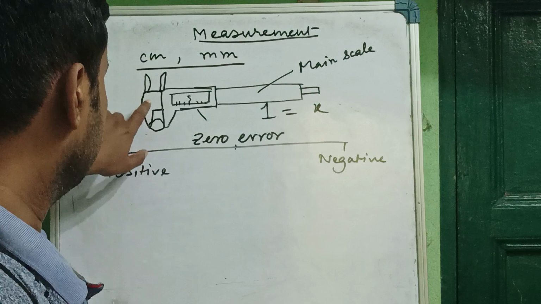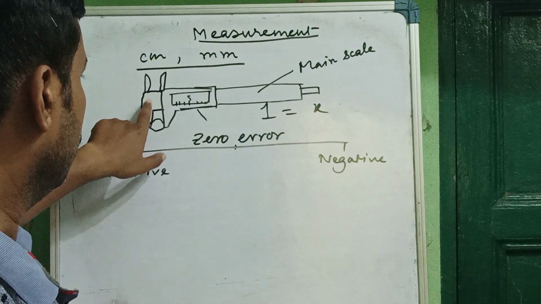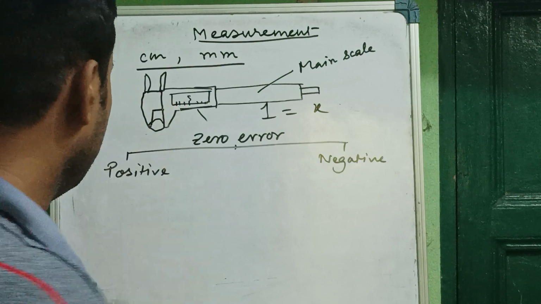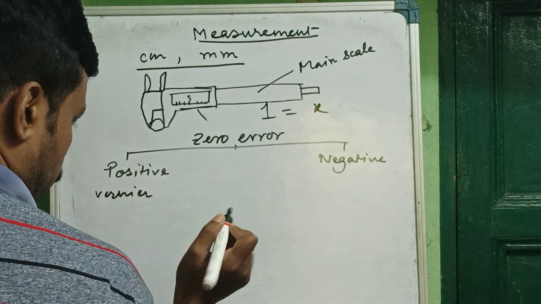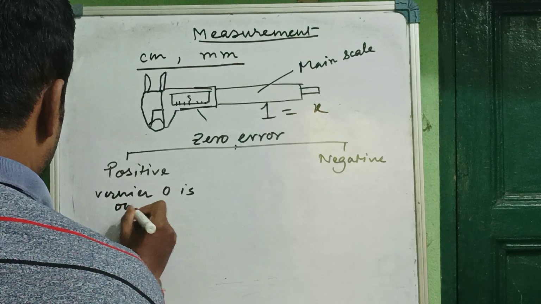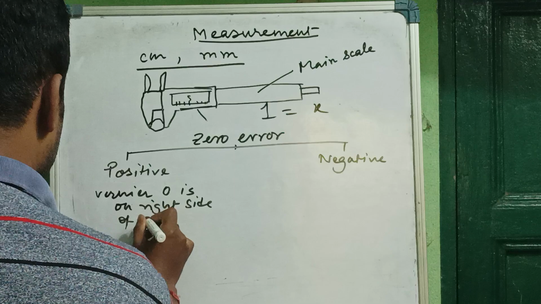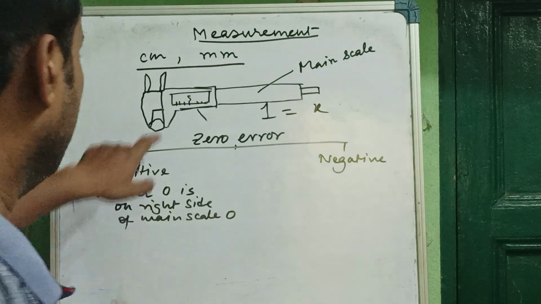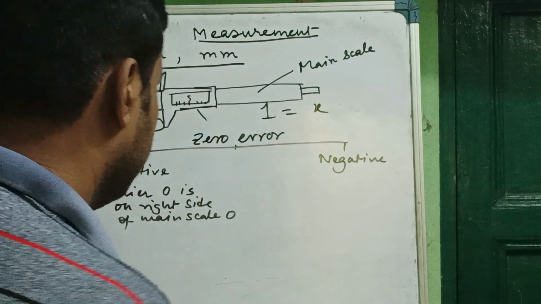If the Vernier zero is on the right side of the main scale zero, then it is a positive zero error.